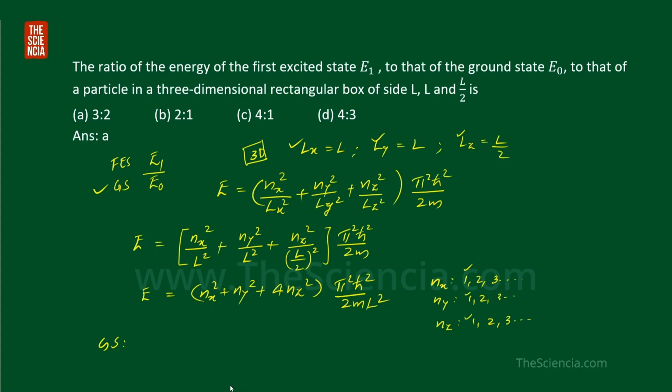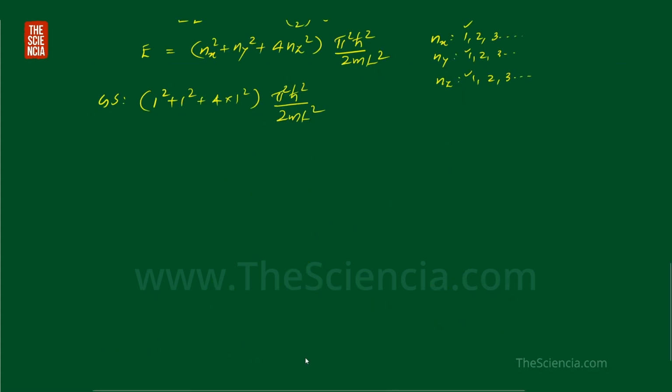That will be the corresponding ground state energy. That is 1 square plus 1 square plus 4 into 1 square, into pi square h square by 2mL square. So we got the ground state energy equal to 1 plus 1 plus 4, that is 6 pi square h square by 2mL square.